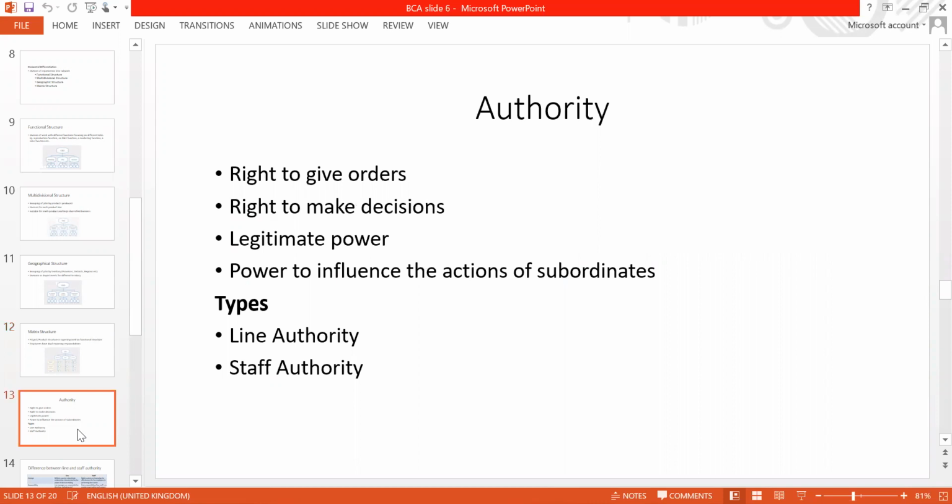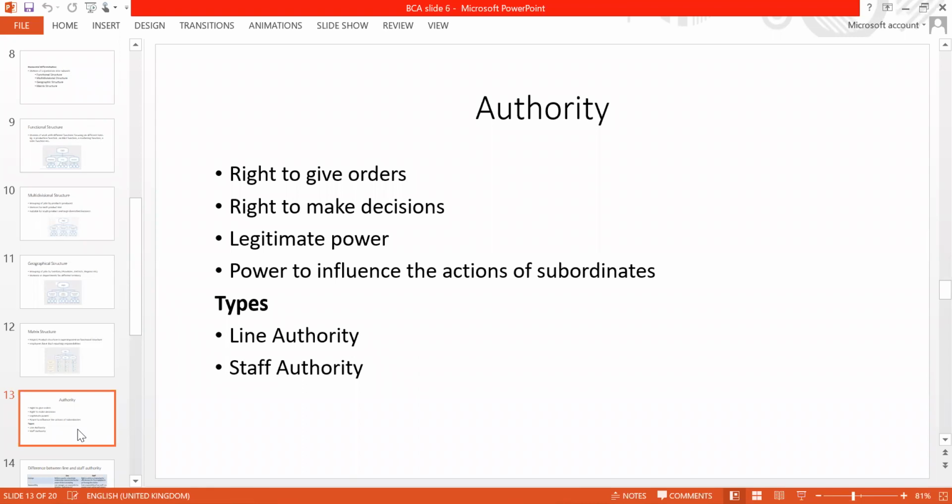Now we will talk about authority. When we say authority, authority is the legitimate power. Legitimate means you are lawfully or legally having the power to give orders, to make decisions. So authority is your authority, or adhikar.